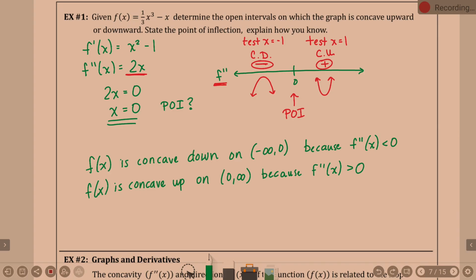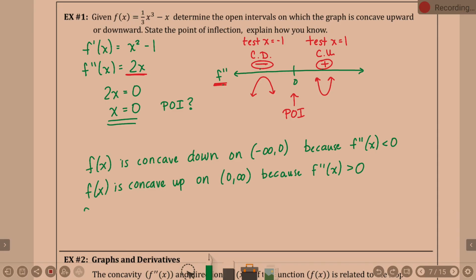We also need to talk about the point of inflection and explain how you know. There's a point of inflection at 0, and the reason we know is because the concavity changes, but concavity changes because the second derivative changes from negative to positive.